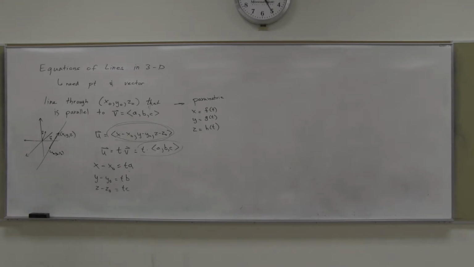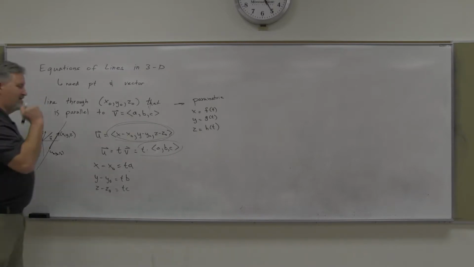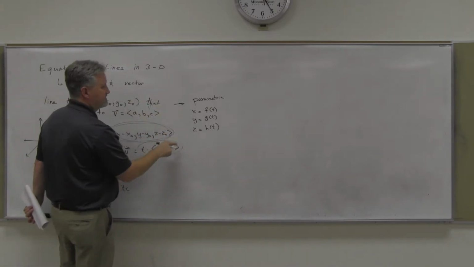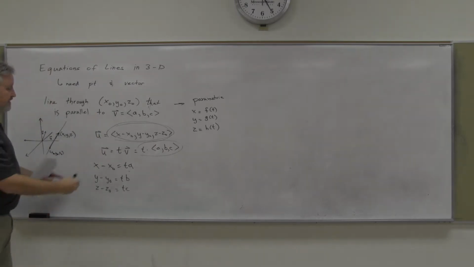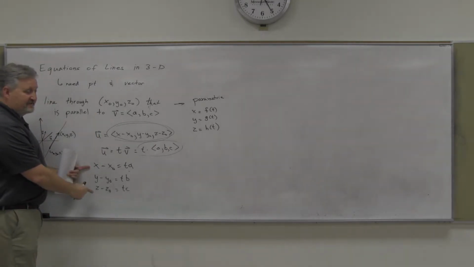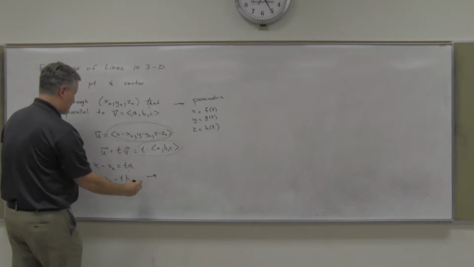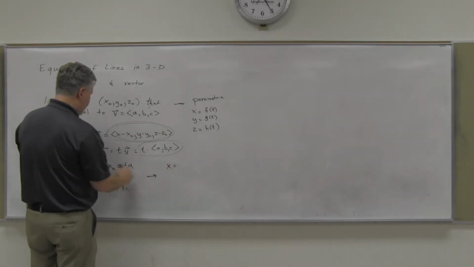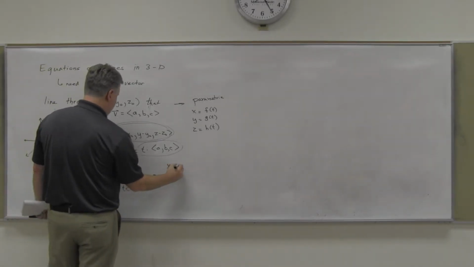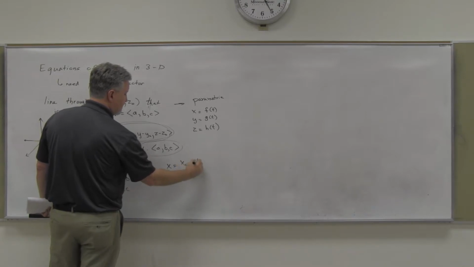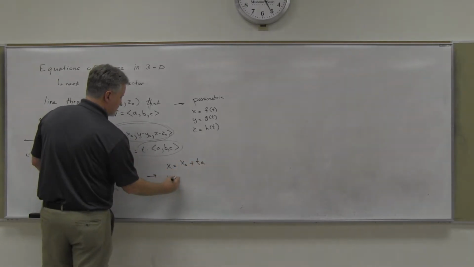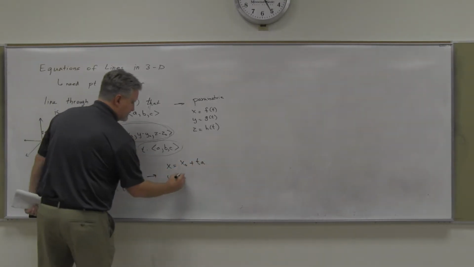And we're almost there. Because our goal was to write x, y, and z in terms of parameter t. Well, look at this. If I solve each one of these for x, y, and z, x equals x0 plus tA. Y equals y0 plus tB.